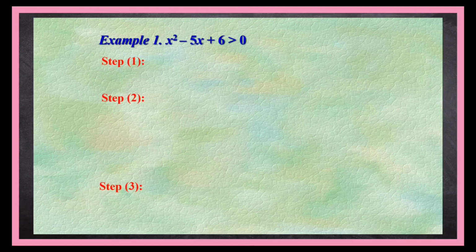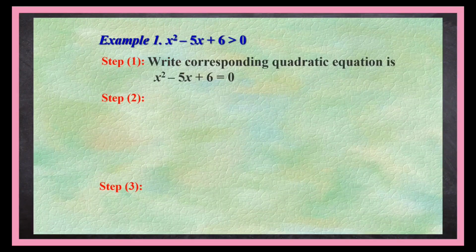First, for this example, we have x squared minus 5x plus 6 is greater than 0. For step 1, we will write the corresponding quadratic equation, which is x squared minus 5x plus 6 equals 0. Let us solve these inequalities, but before that, let us change first these inequalities into an equation.